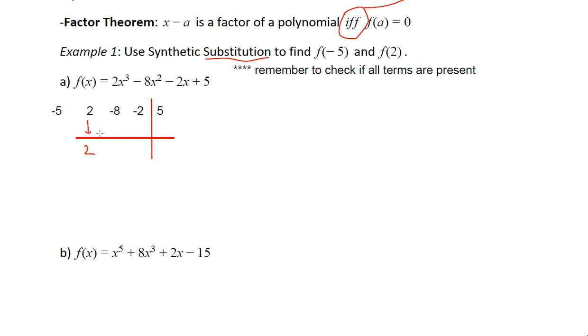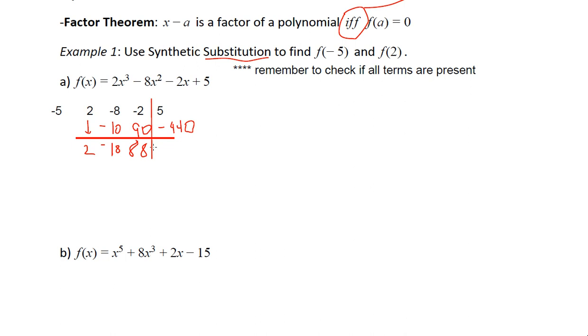-5 times 2 is -10. Then this becomes -18. -5 times negative 18 gives me 90. And so when I add negative 2 and 90, I get 88. And then that times negative 5 is negative 440.